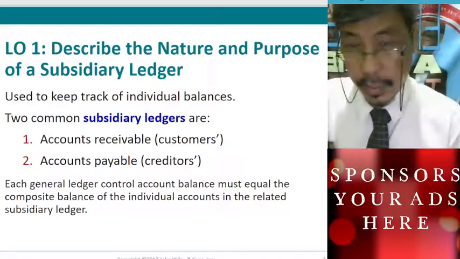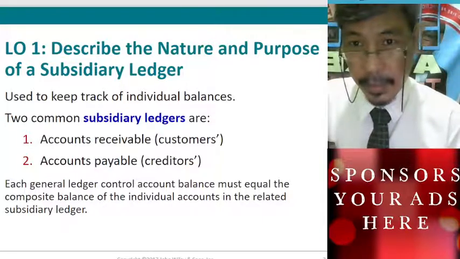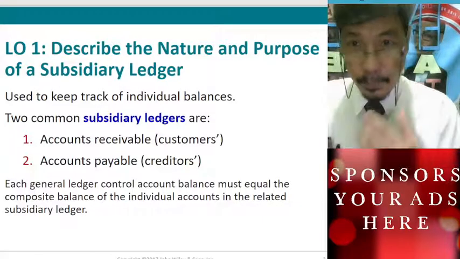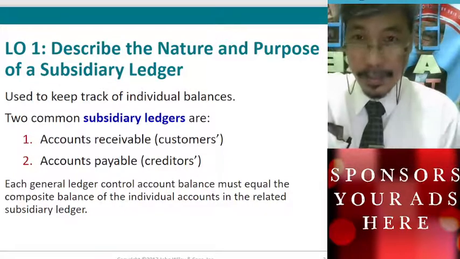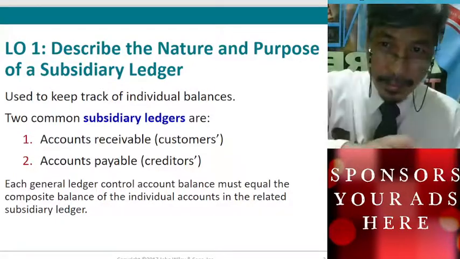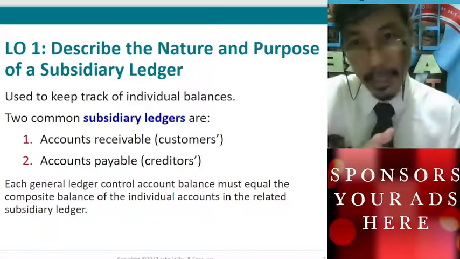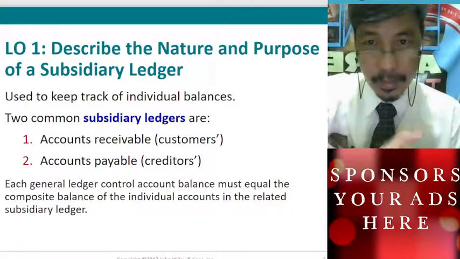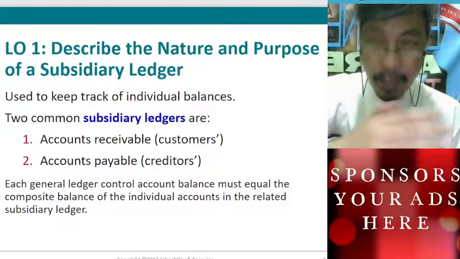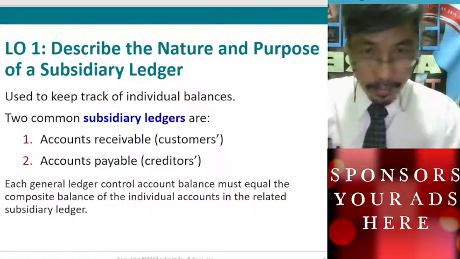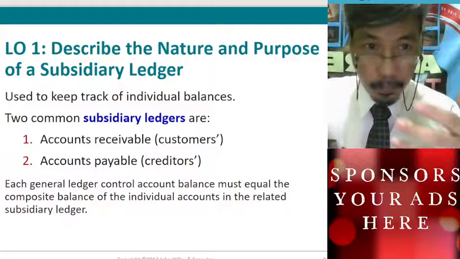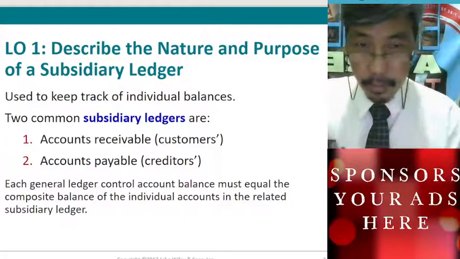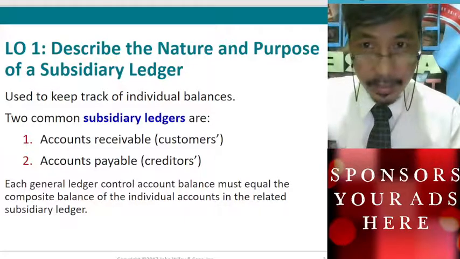So subsidiary is an offspring of a parent company, parent and child company. The child is a subsidiary of the parent company. Okay, so it's general ledger, and the ledger we are talking of is for posting, no? Ledger, account.